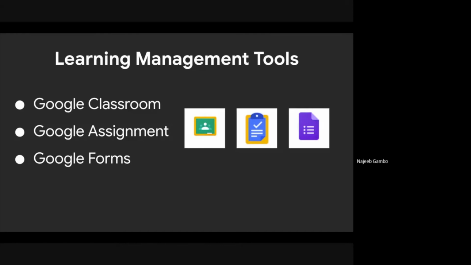Initially, when we were talking about the features of G Suite for Education, we talked about the collaboration platforms and the communication platforms. Now we are discussing learning management tools. One of the things Google introduced is Google Classroom.